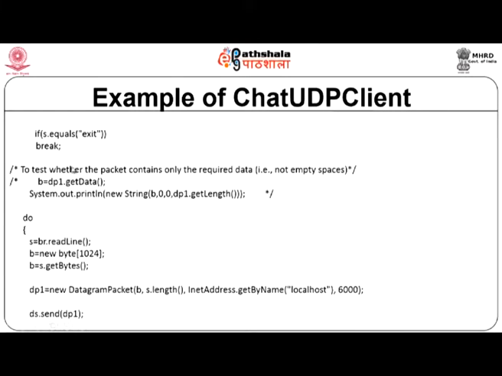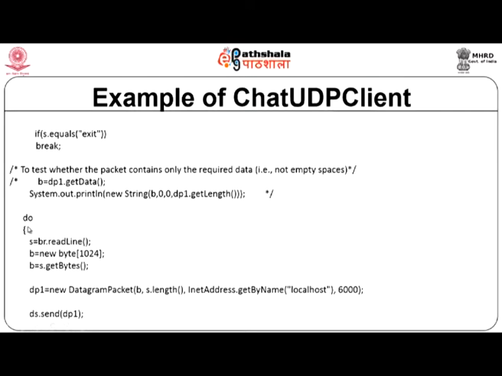Here you can see that if the string equals exit, we make it a break. As I told you, it is a chat program between the client and the server. This chat will continue as long as the server or the client is not sending an exit string. This is actually a test code which is not going to get executed in this program.